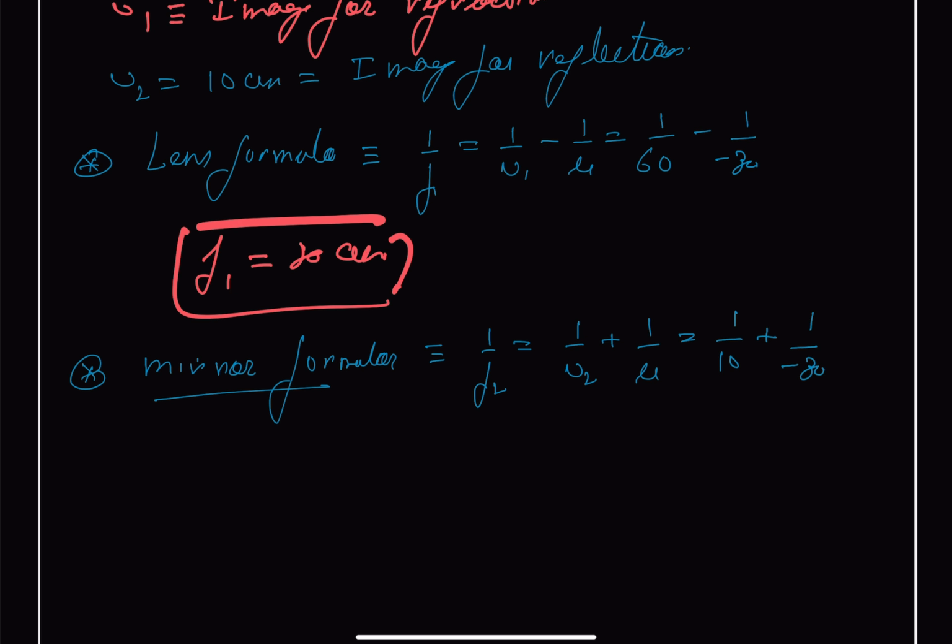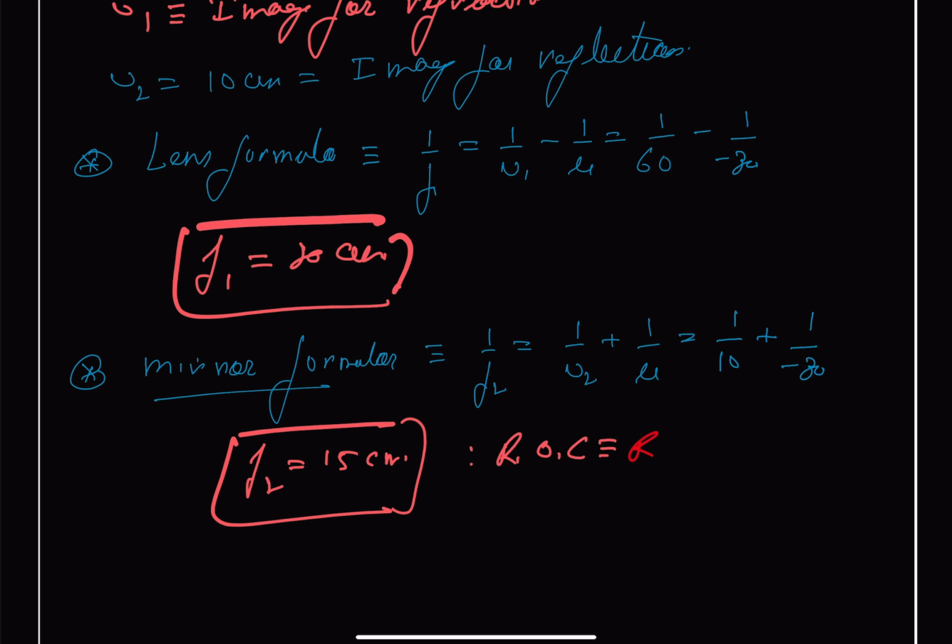This gives us that f2 is 15 centimeter. Based on this f2, we can easily find the radius of curvature, R, which will be equal to 2 times f2, giving us 30 centimeters.